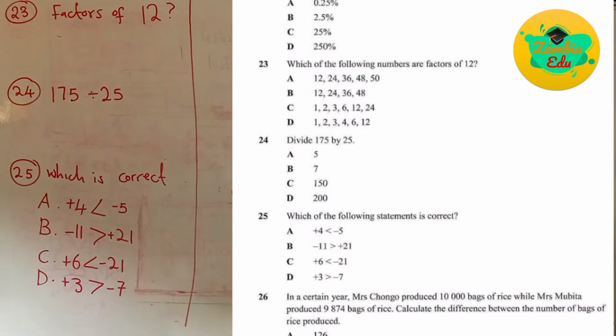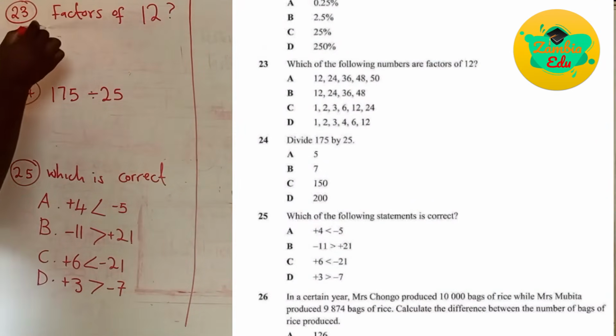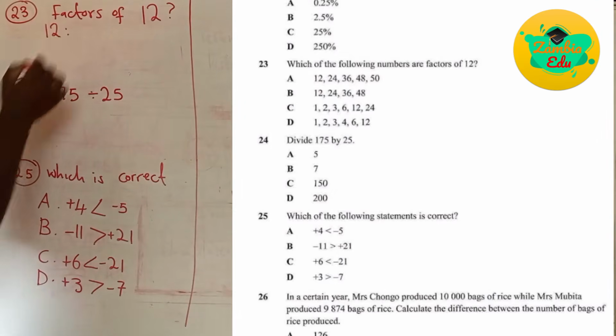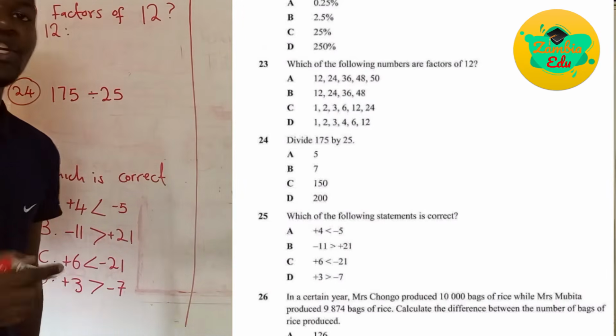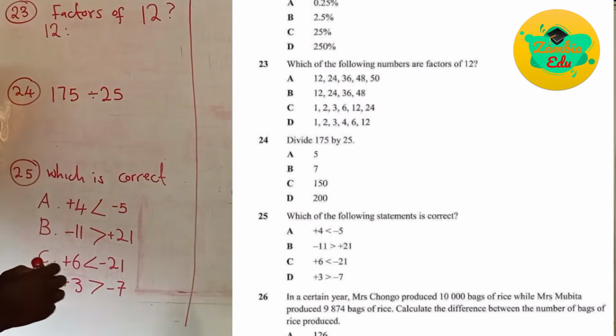Question number 23 says, which of the following numbers are factors of 12? We are trying to find the factors of 12. Remember, we defined factors as numbers that can go into another number without giving a remainder.